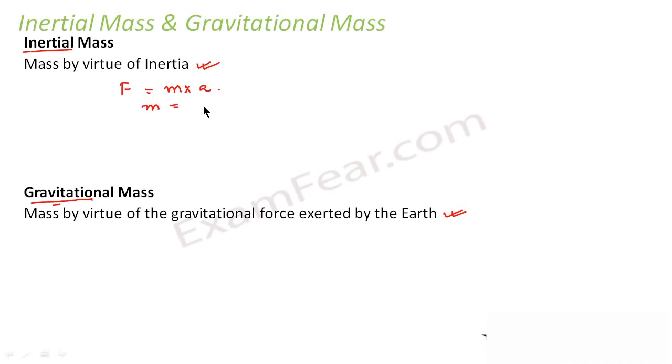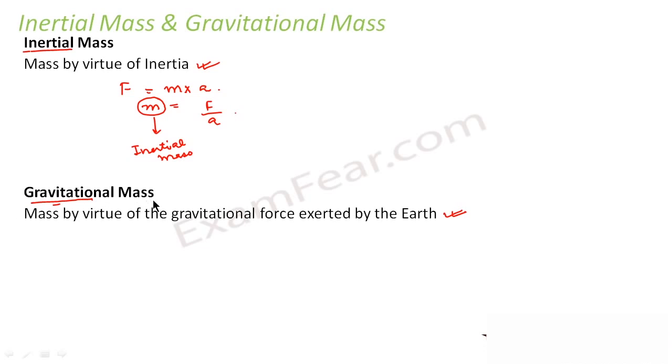So this mass was equal to force divided by acceleration. So this mass is nothing but inertial mass, because this mass comes into picture due to the inertia of an object. This mass comes into play due to the inertia of the body.